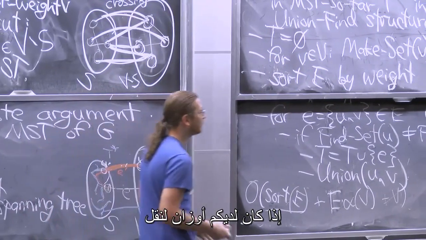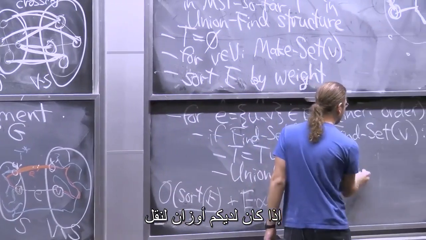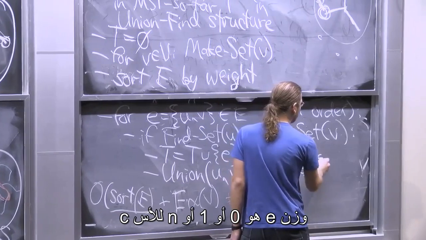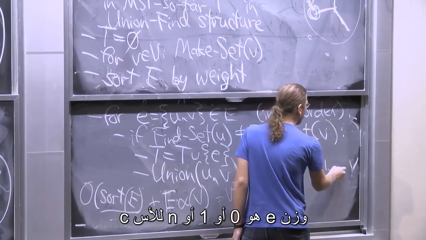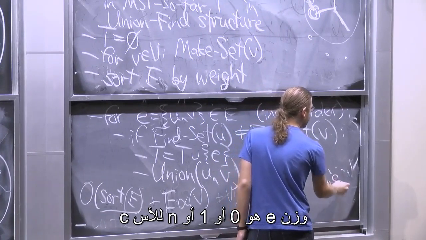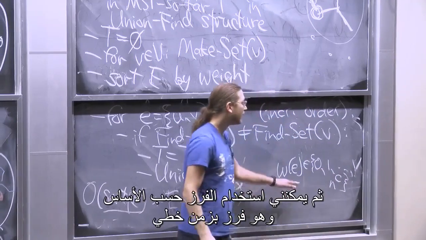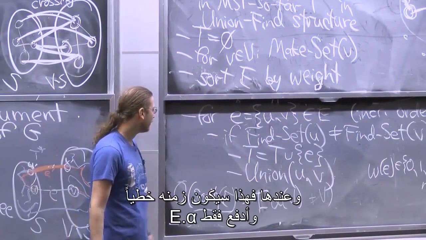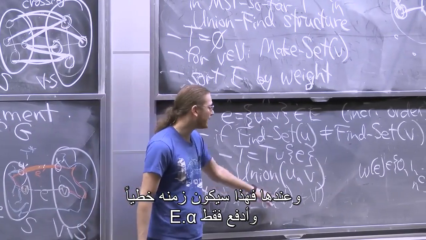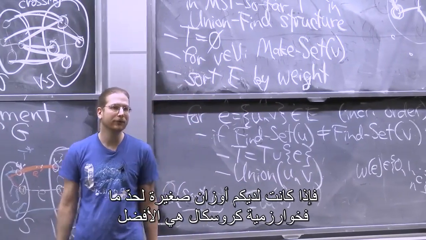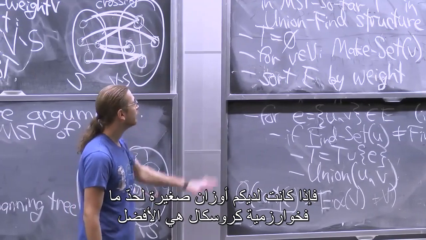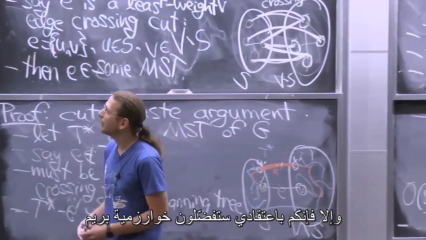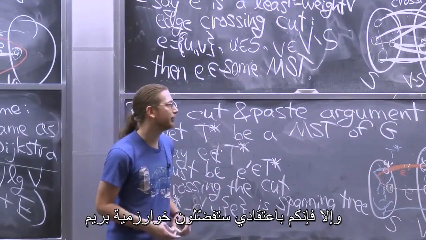If you have weights, let's say weight of E is 0 or 1 or say n to the c for some constant c, then I can use radix sort, linear time sorting, and then this will be linear time, and I'm only paying E times alpha. So if you have reasonably small weights, Kruskal's algorithm is better. Otherwise, I guess you prefer Prim's algorithm.